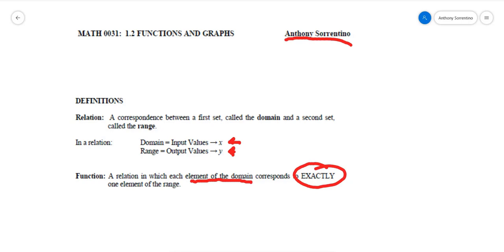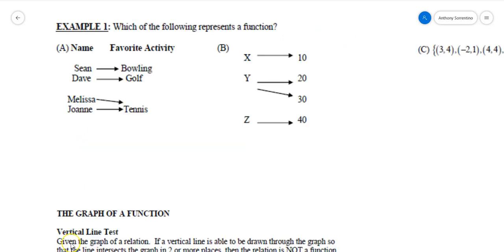So let's see how we could define what functions are, based off of different ways they could be represented. For this first one, these are both given more of a diagram, and the arrows are always pointing from the input to the output. We want to know, are these functions or not? For A, Sean produces bowling only.